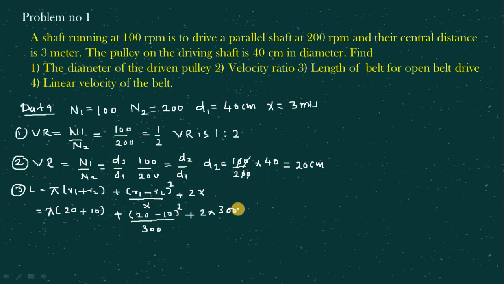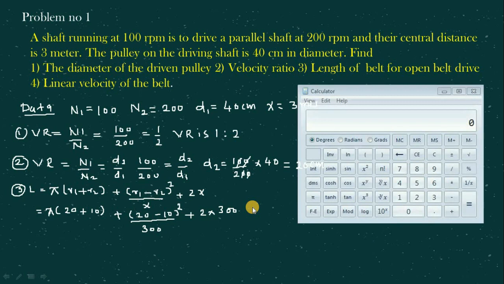So let's calculate this. Pi into (20 plus 10, which is 30), plus, into the bracket, 10 whole square divided by 300, close the bracket, plus 2 into 300.